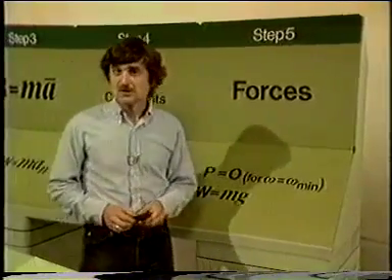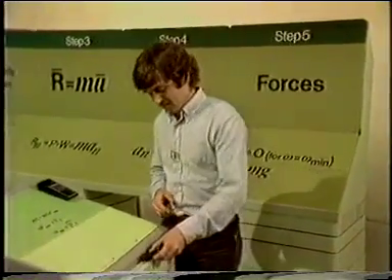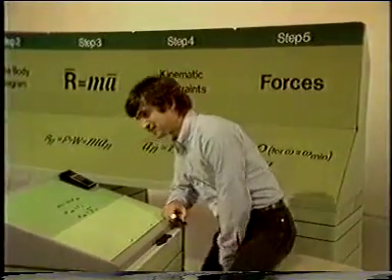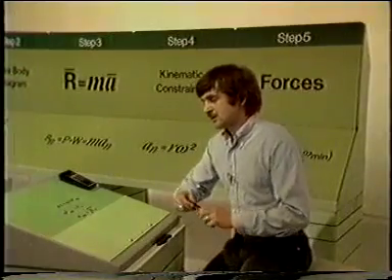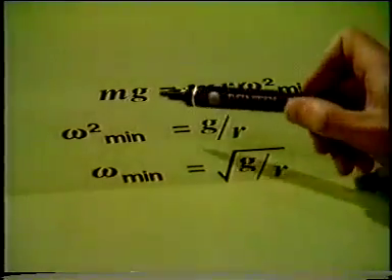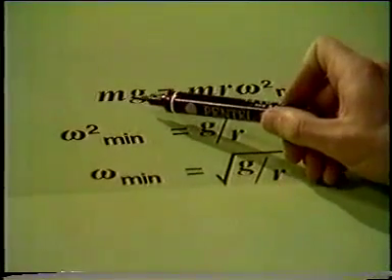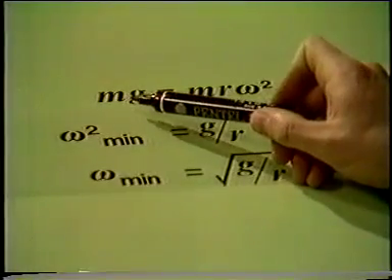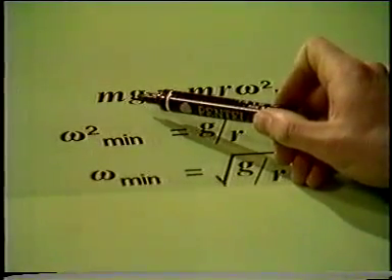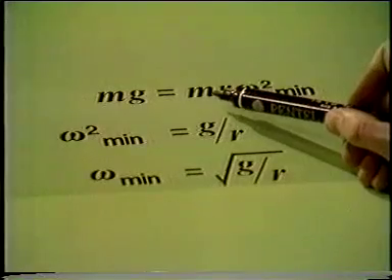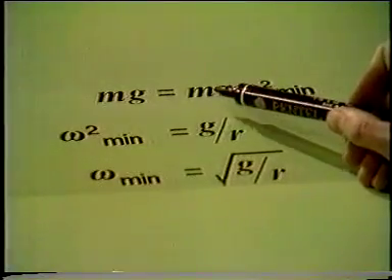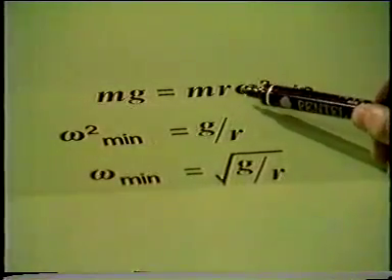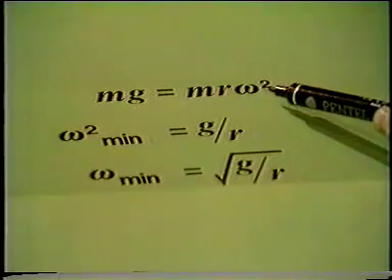So, now let's put all that together. Here is Newton's law. The resultant force acting at the limiting condition is just his weight, mg, since P is 0. And that must be equal to his mass times his normal acceleration, which will be r omega squared minimum.